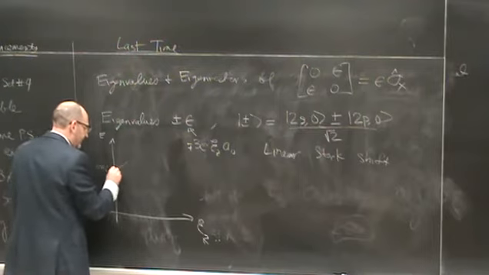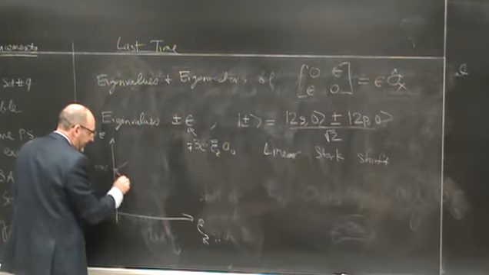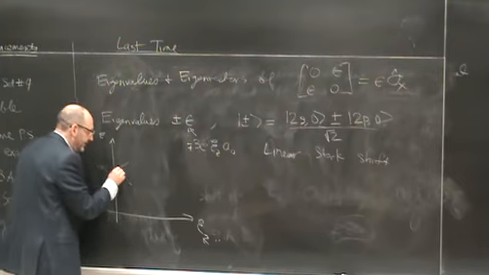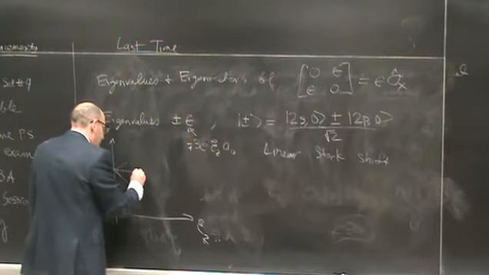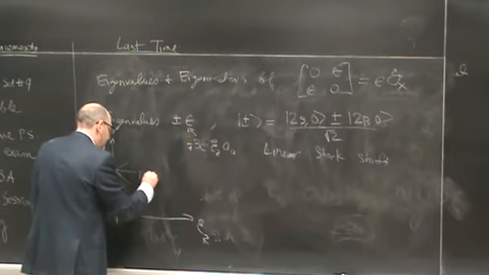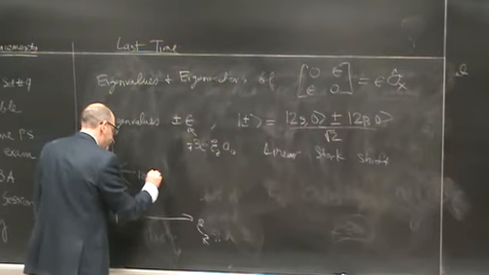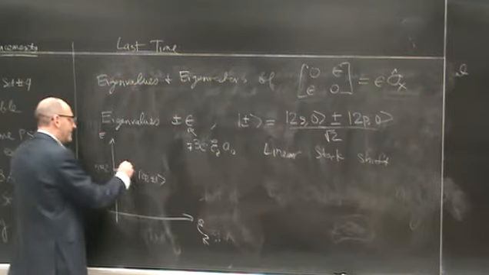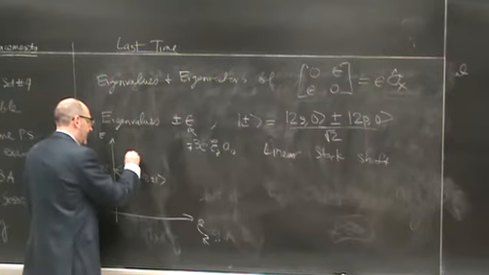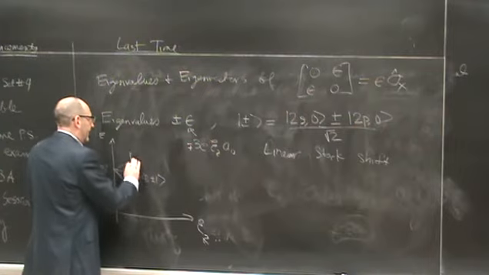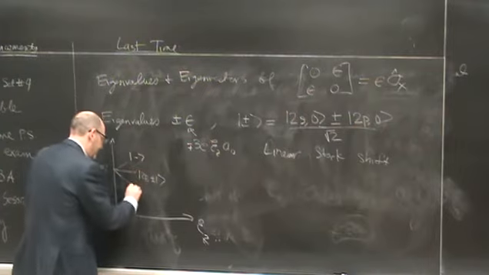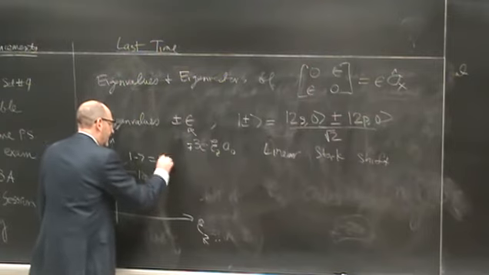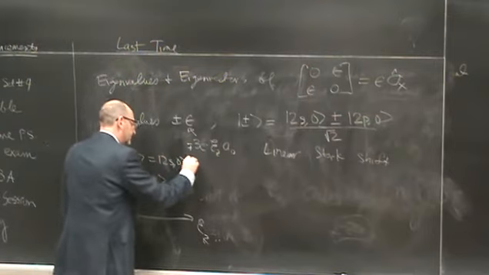What I find is for small F_z, where I can think about this to first order in perturbation theory, these guys are unshifted. And then these guys are shifted. This is the minus state and this is the plus state, which is a superposition.